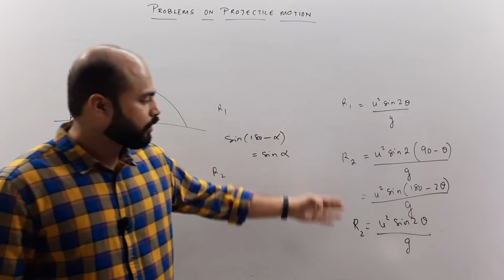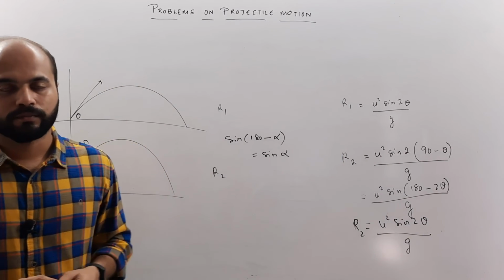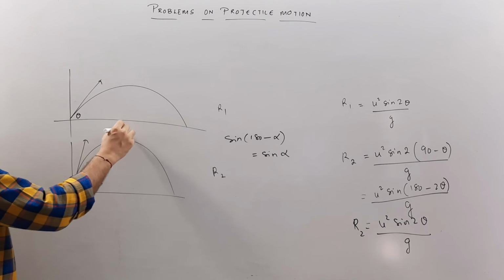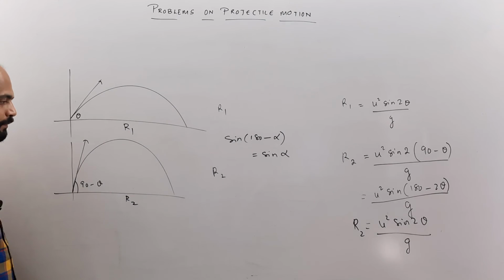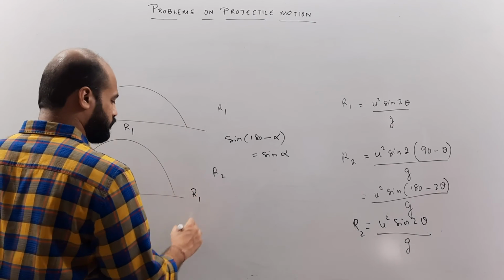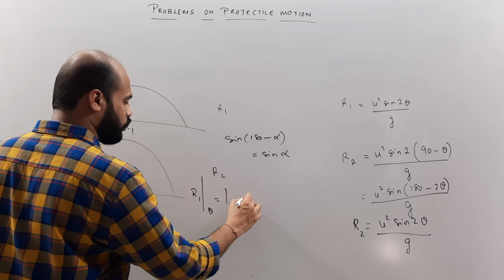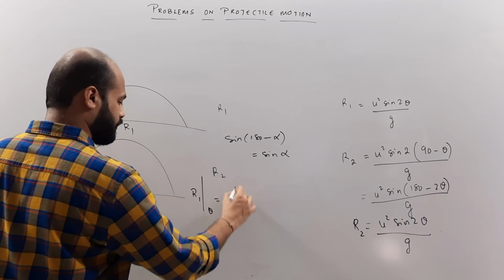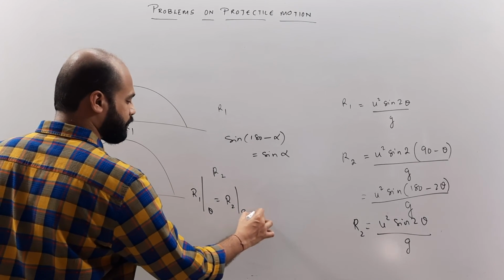Now if you see R1 and R2, they are the same. There is absolutely no difference between the expressions, which only means that the range achieved in this case and the range achieved in this case is the same. So R1 achieved at theta is the same as R2 achieved at 90 minus theta.